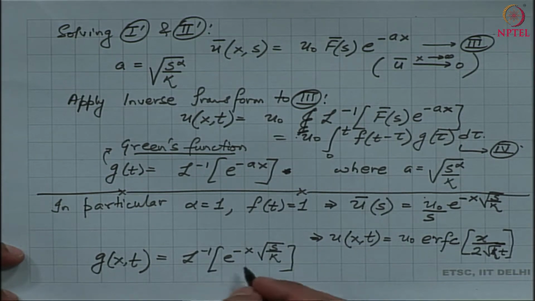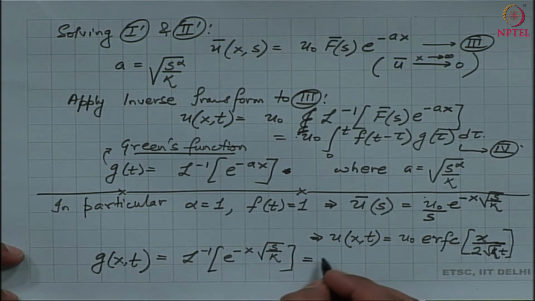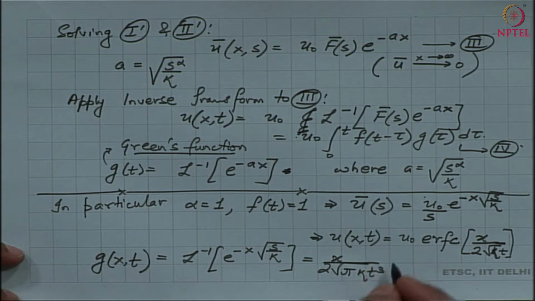So, that is the Laplace transform inverse, and directly evaluating this inverse using my contour integral, I get the answer as follows. This is x by 2 square root of pi kappa t cube, times e to the power negative x square by 4 kappa t. Okay.